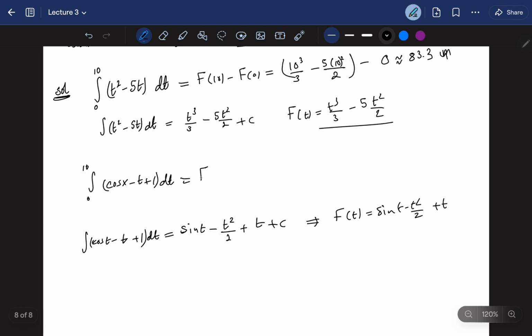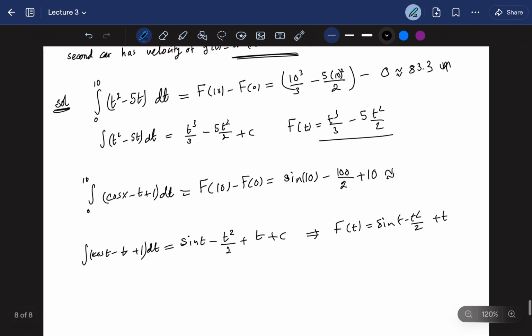Now we can apply the theorem where I do upper minus lower bound. So this is just sine of 10 minus 100 over 2 plus 10. And if you round, this is going to be equal to almost 60.17.